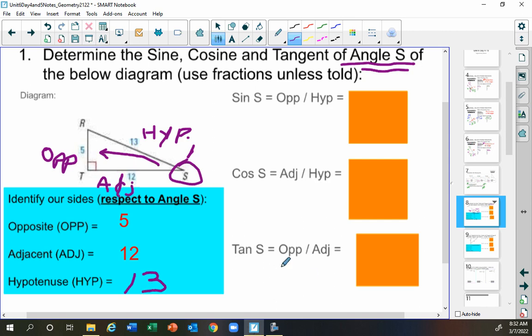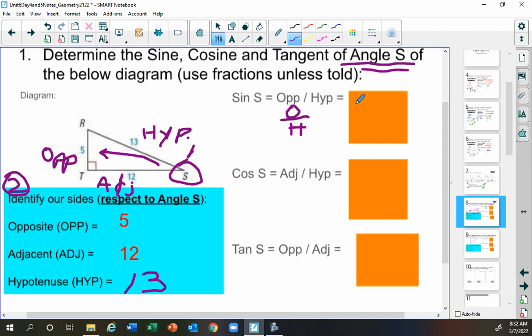Okay. So we identified our angle. Did we identify our three sides with respect to the angle? So that's step 2 right here. Now, step 3. All we're doing is now we're going to follow our rules.